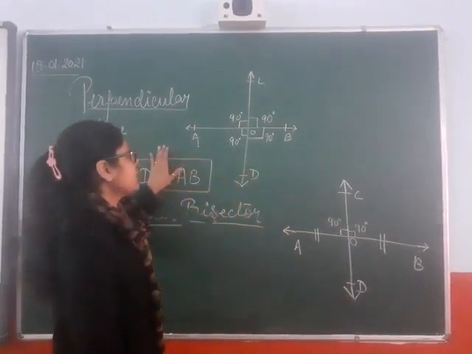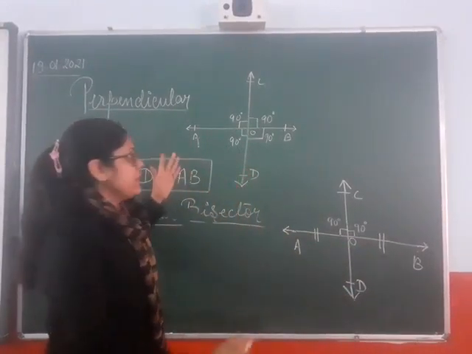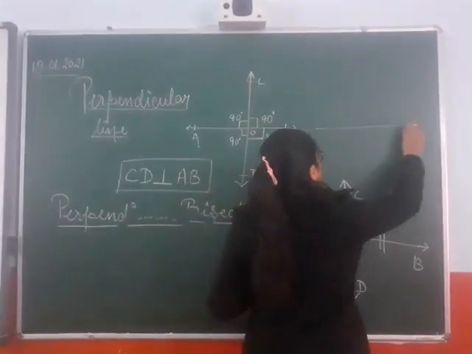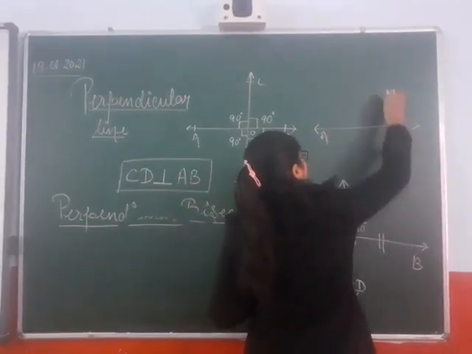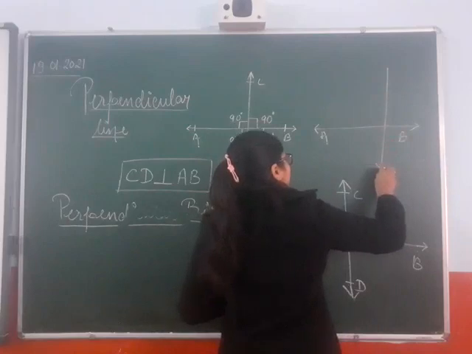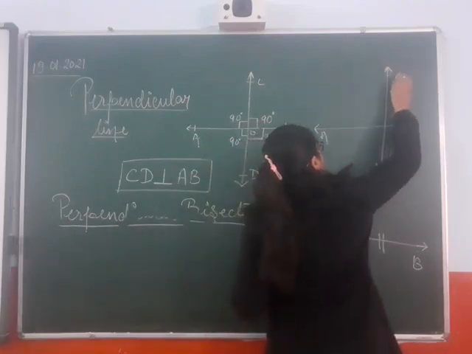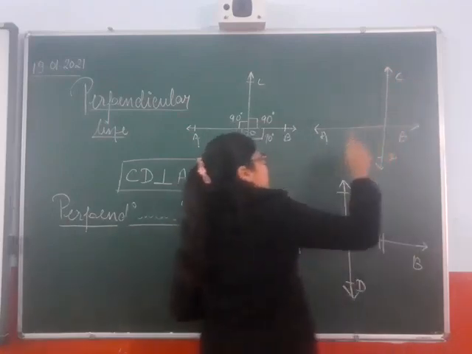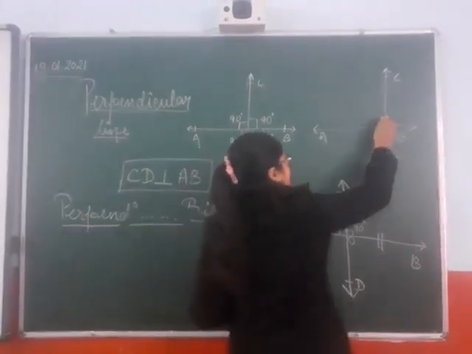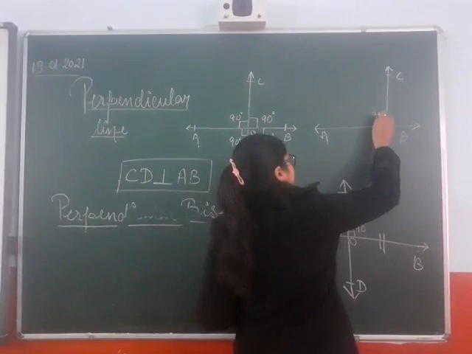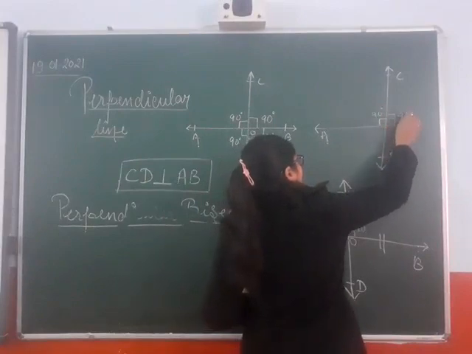But here it wasn't like this case. Okay, it can be like this also. This is a line AB and the perpendicular might pass from here. So this will not be called a perpendicular bisector. It will be called perpendicular. See, it is perpendicular, that means this is maybe a 90-degree angle and a 90-degree angle.